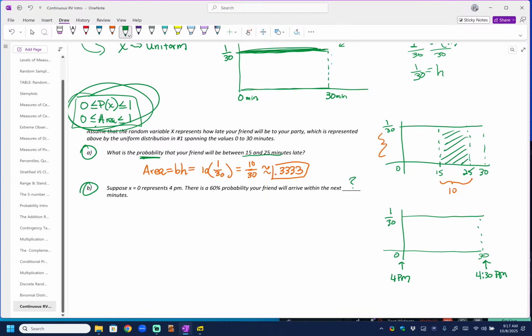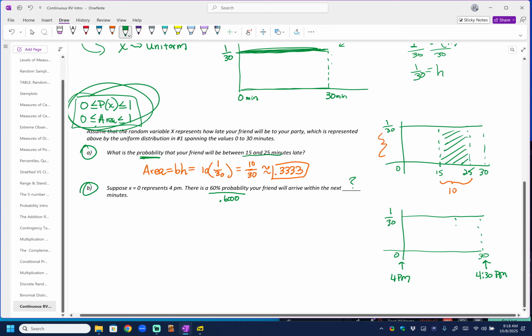So what it's basically saying is that if we have a 60% probability, we have an area of 0.6, or if you want to be really specific, 0.6000 occurring underneath the curve. So we're going to quantify that.